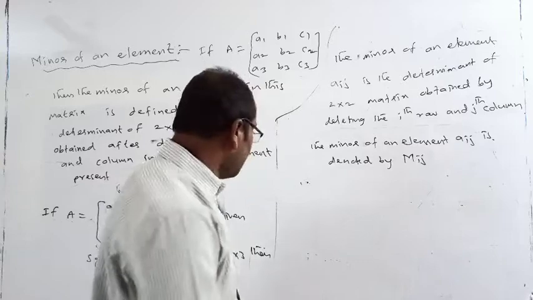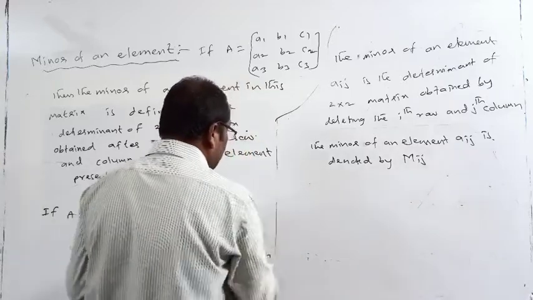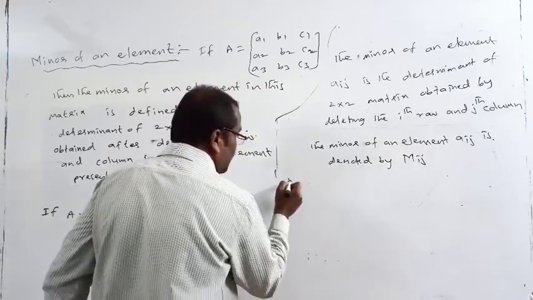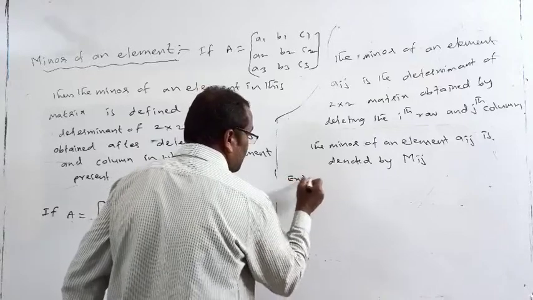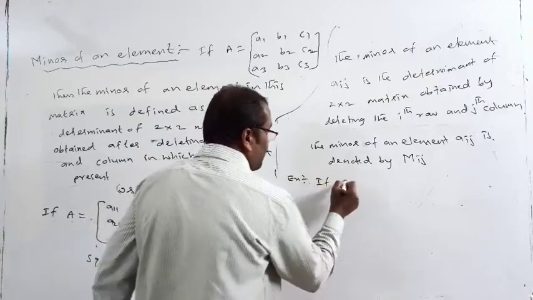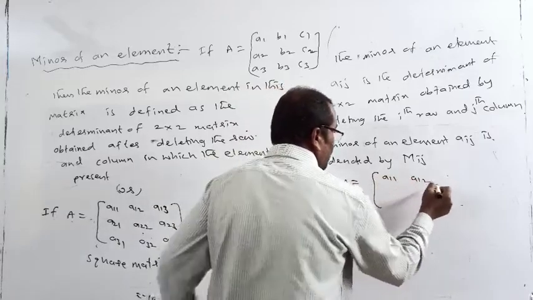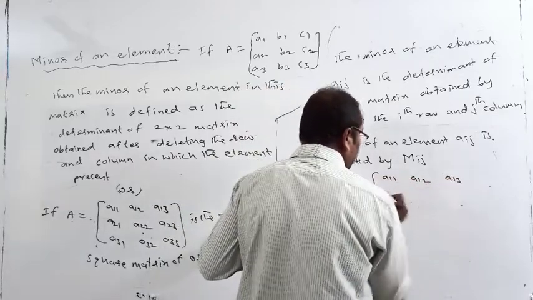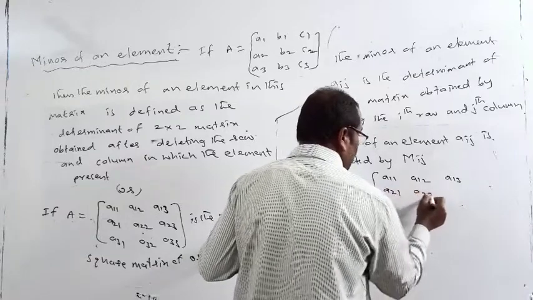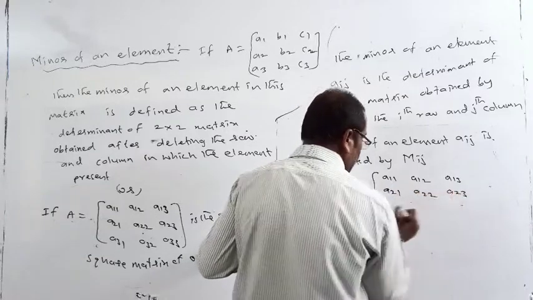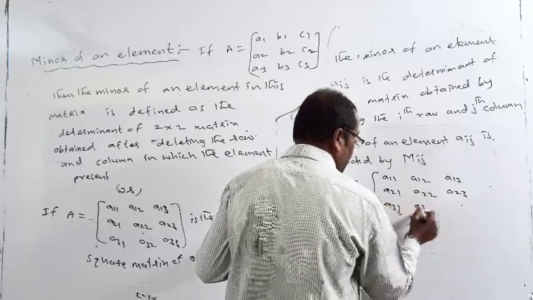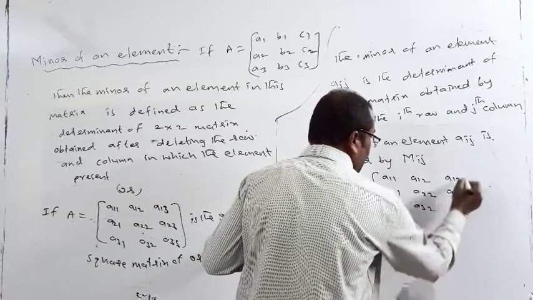Now see the example. If capital A is equal to A11, A12, A13; A21, A22, A23; A31, A32, A33.